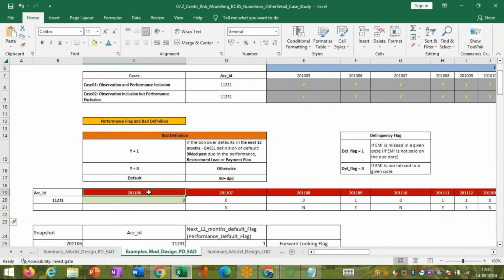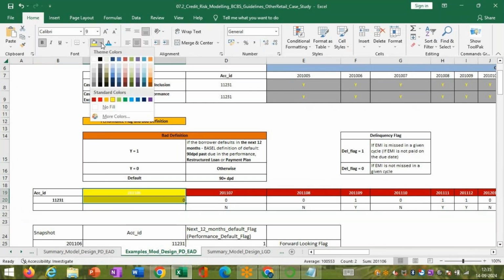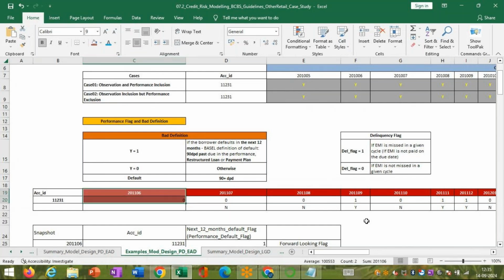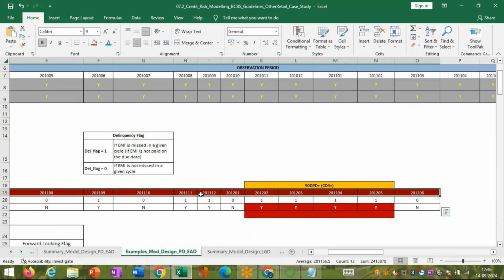My first snapshot was 2011-06, where my performance period was 2011-07 to 2012-06, that is, July of 2011 to June of 2012.